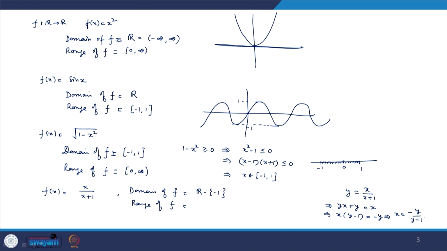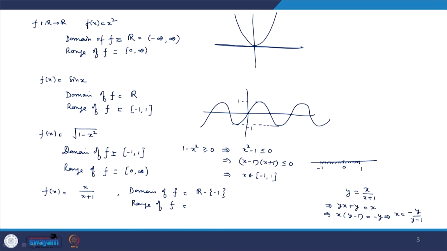So, you can see that y can never be 1, or you can simply take x tending to infinity. When x is tending to infinity, this expression tends to 1. So, y can never be 1. So, the range of this function will be the whole real line except 1. So, this is how we can define the domain and range of a function.